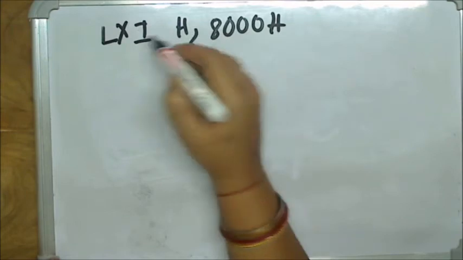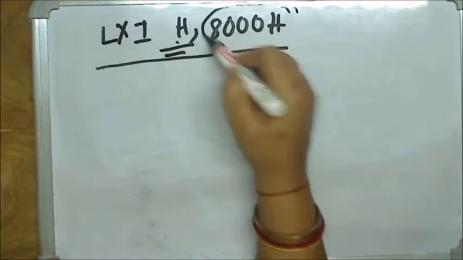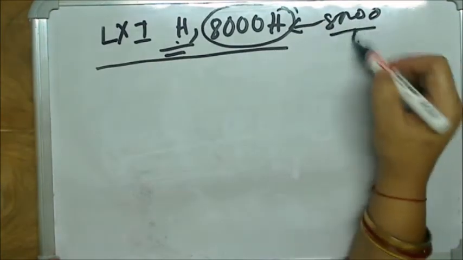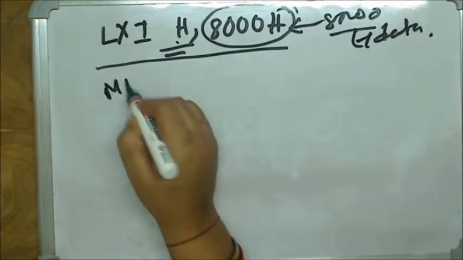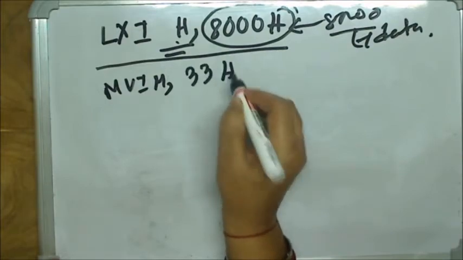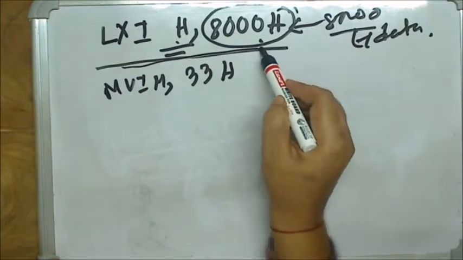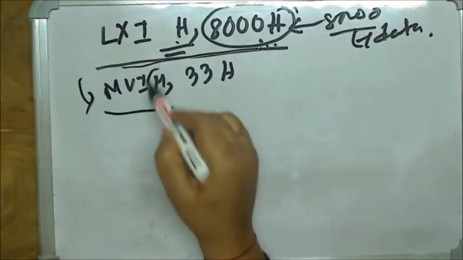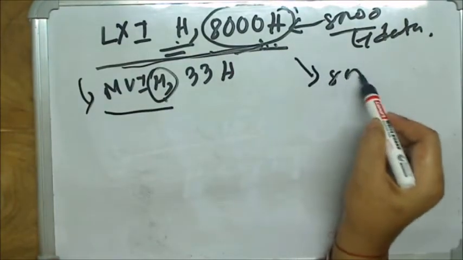In this instruction, 8000 is data. But suppose you then write MVI M, 33H to store 33H in memory location 8000. In the next instruction, as soon as the processor sees M, this 8000 becomes an address.